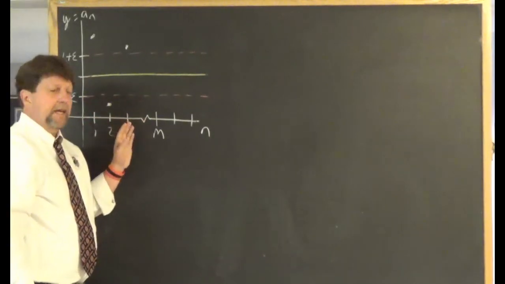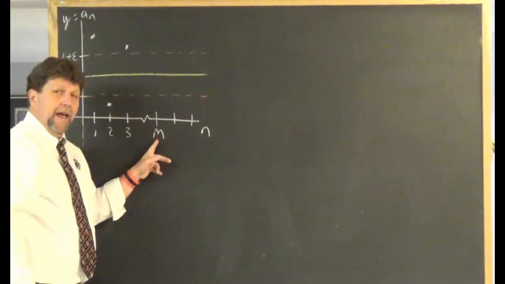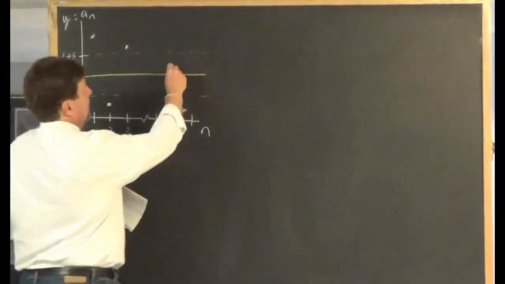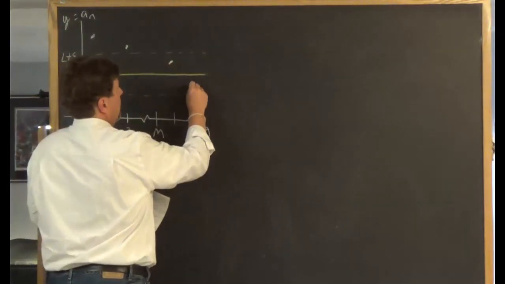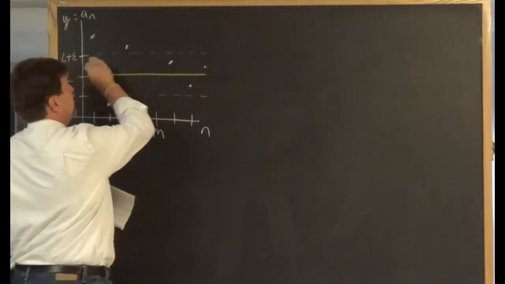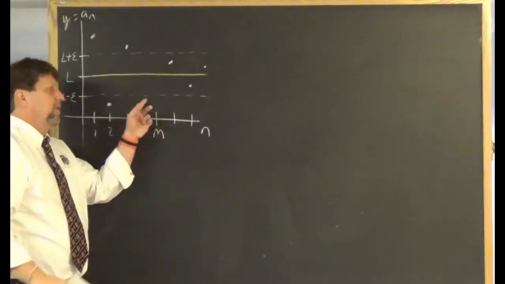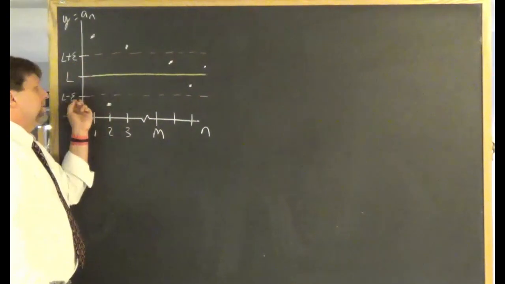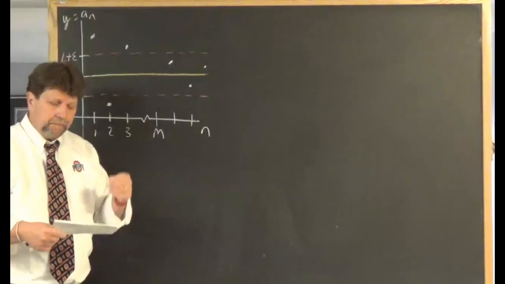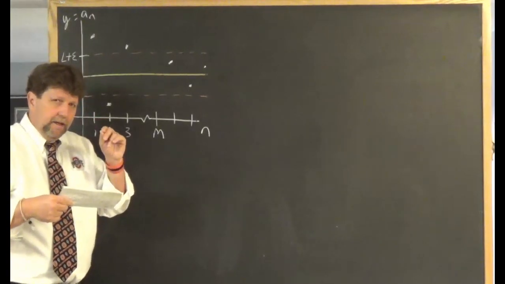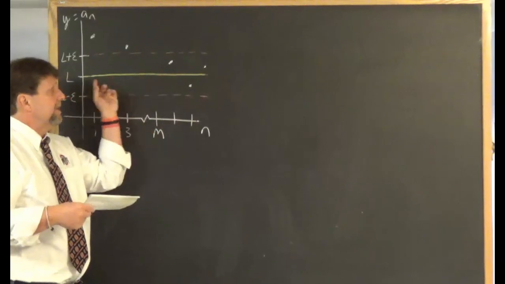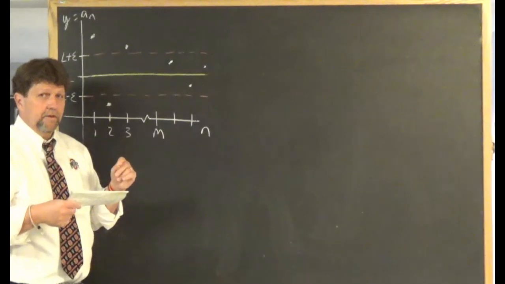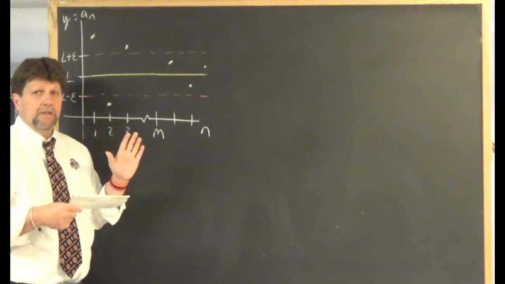It doesn't matter at the beginning, it's just that once I get beyond this value of m, once I get n values that are larger than m, the terms are going to be trapped between these two dashed lines. I don't know if you can see it or not, but I dashed them in red. They're going to be trapped between L plus epsilon and L minus epsilon. So that's what it means that the terms are getting close to this limiting value L. And they're going to be arbitrarily close to L, and they're going to remain close to L.